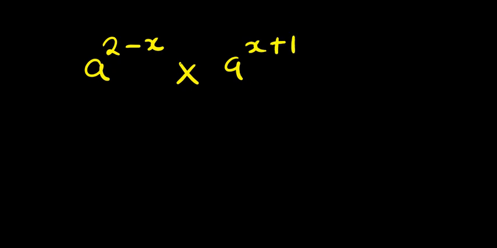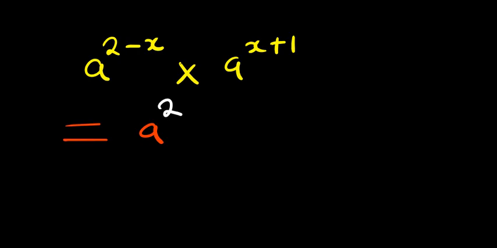So let's say you are given a to the power 2 minus x, we are multiplying with a to the power x plus 1. Because the base is the same, what we're going to do to the powers is still add them. So in this case I'm going to get a, then to the powers, what am I going to do? Add them.